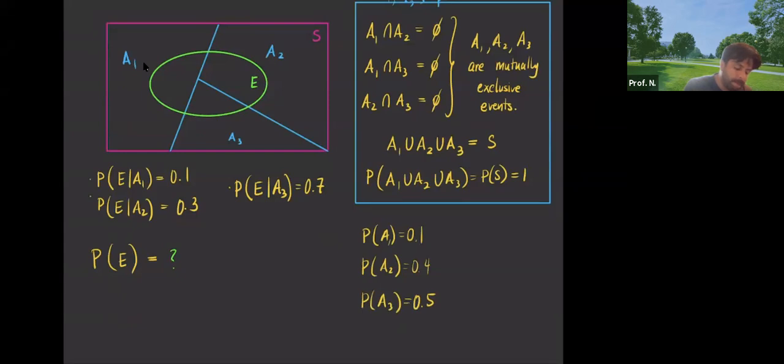Now, how would I find the probability that E occurs? Does anybody have an idea for this? So if you notice, the probability of E, there's an overlap with A1, A2, and A3.